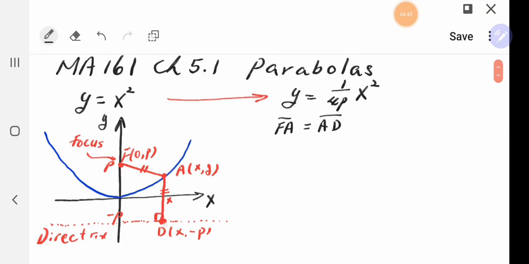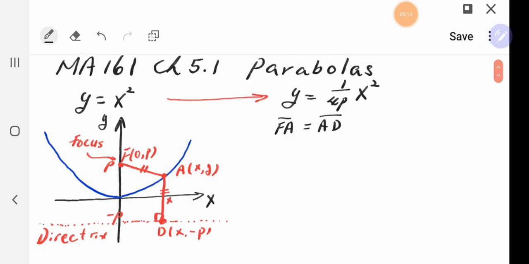It's a vertical line from the point on the curve. Based on this, the directrix is a horizontal line, and the y-intercept of the directrix is negative p, and p is the focus.